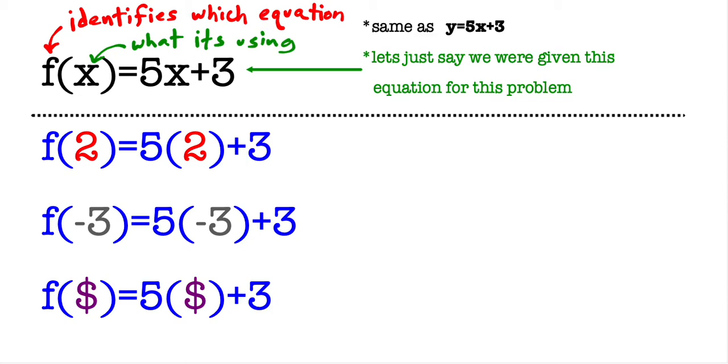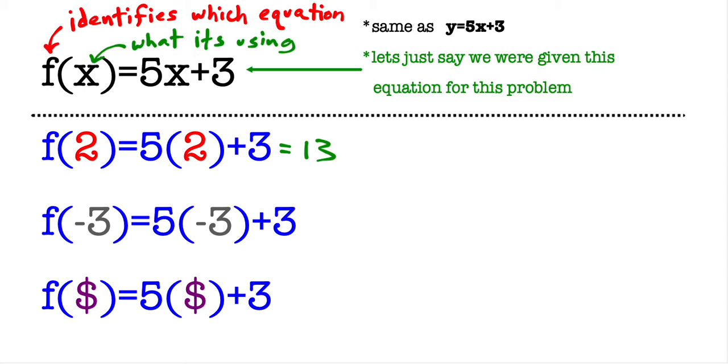So when I wrote f of 2, that's how they read this off. F of 2. This is telling me that I'm going to put 2 in place of the x. So I put 2 in place of the x and I get 13, right? This is telling me I'd put -3 in place of the x.